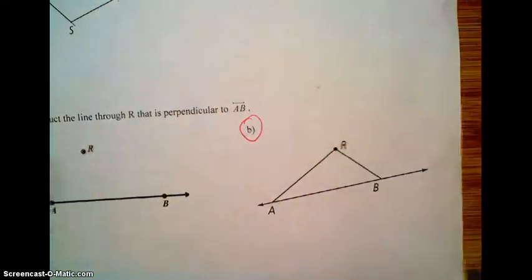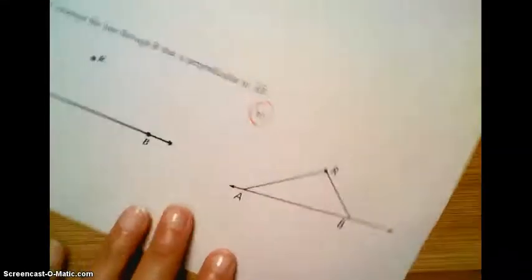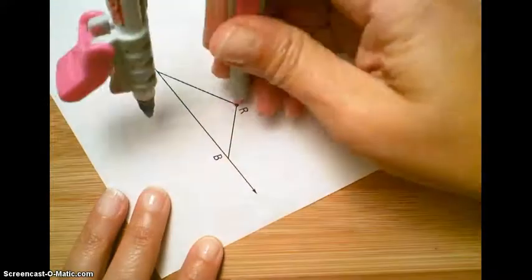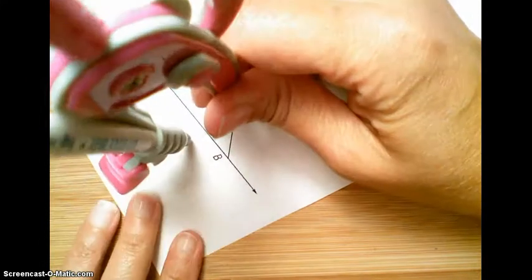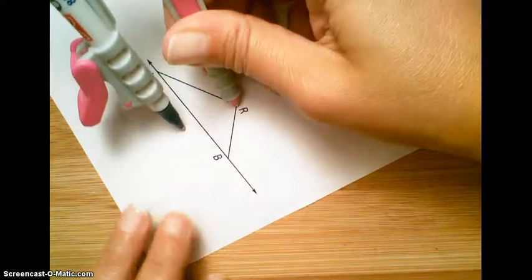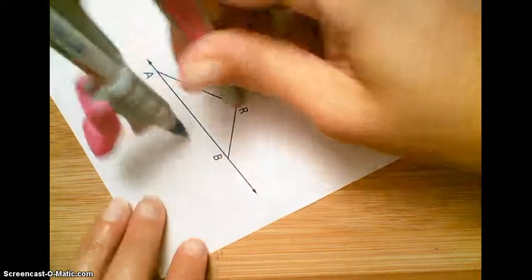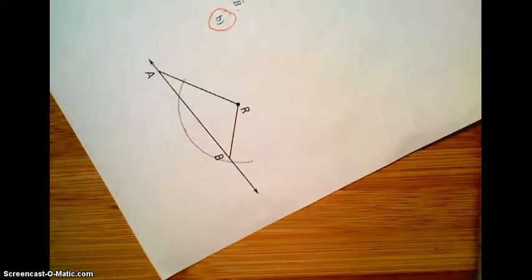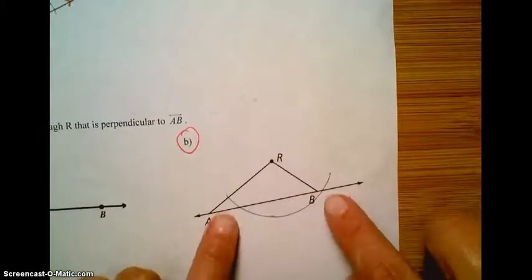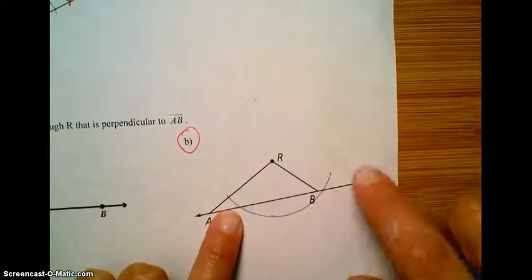So I take my compass, I set it to any distance that I'd like, and I have my compass reach past line AB. Then I rotate my compass and create an arc that intersects line AB at two different points.